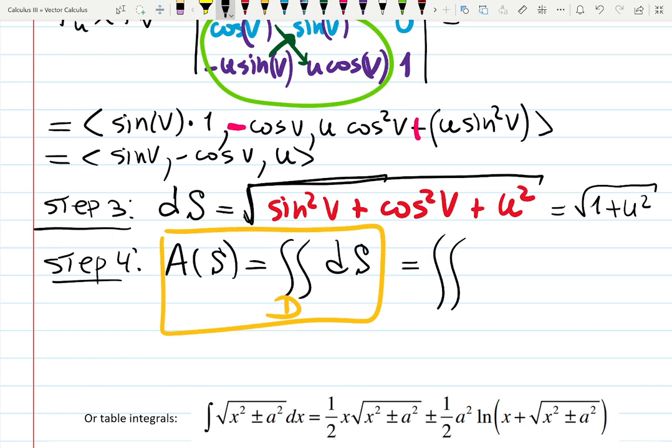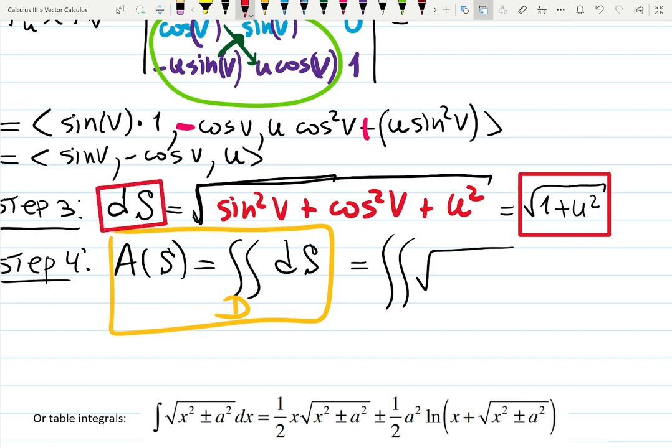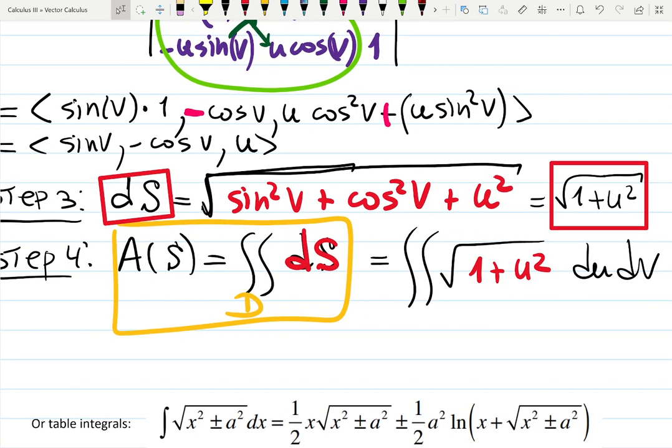Double integral, so the tail ds, maybe put it in the box. That's basically the most important part here. Here, ds is found. We found ds. 1 plus u squared. And then we have du dv. I will stop here for a second and ask you what you think about that.